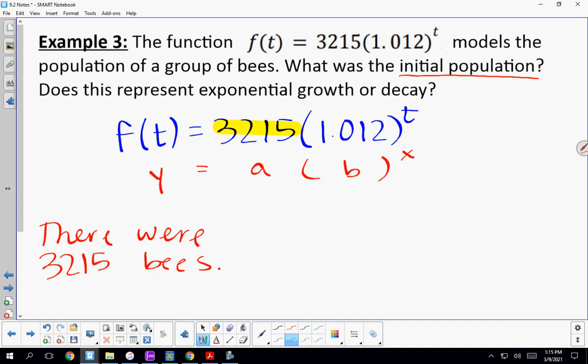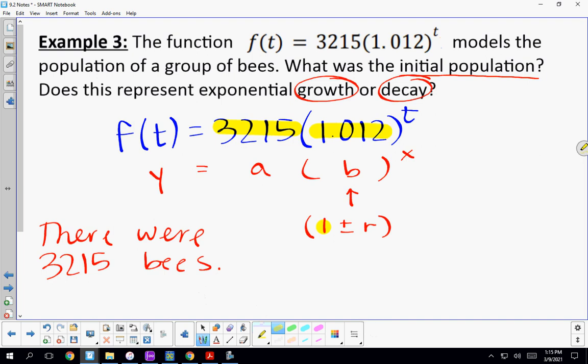The next part of the question says, does this represent exponential growth or decay? And so remember, the way we get b is really by starting with 100% and adding or subtracting some percentage. So we can tell if it's growth or decay by if it started with 1 and went up, or if it started with 1 and went down.